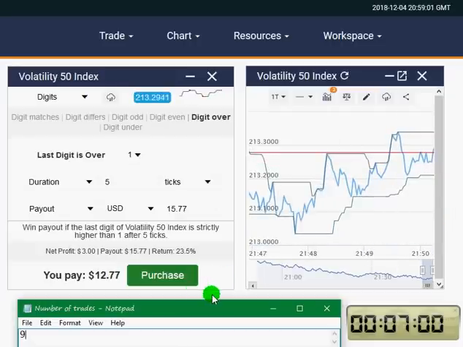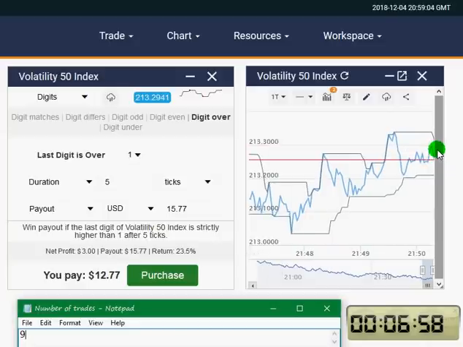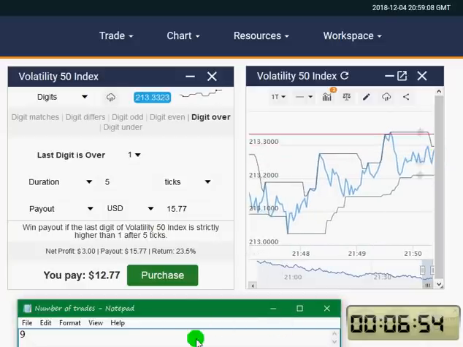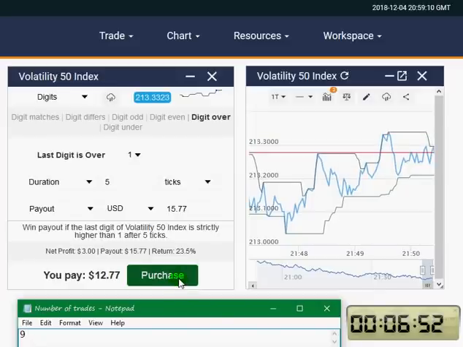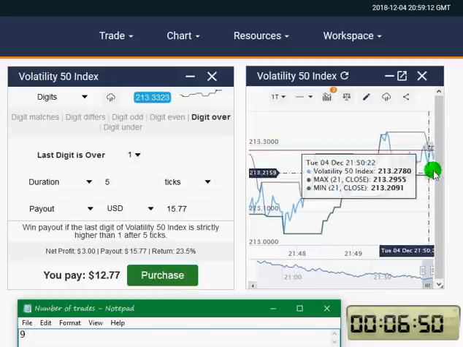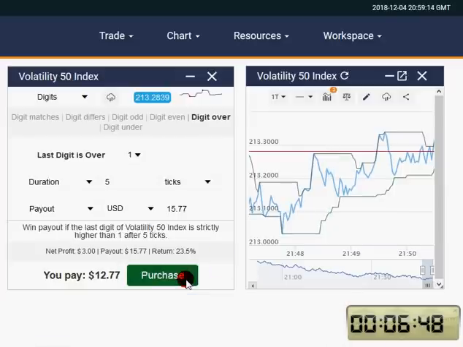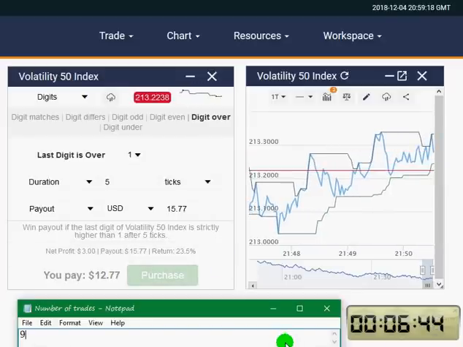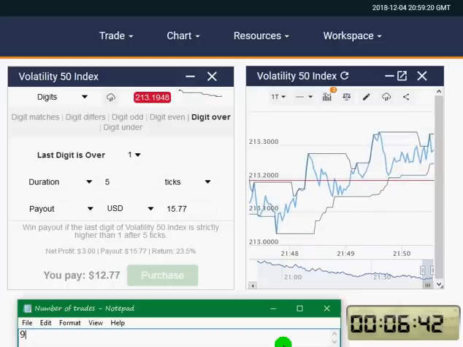So it's moving up. Overlap. Let's give it some time to cross. It has crossed, so we click on purchase. That's the 9th trade. So we have 1 more to go.